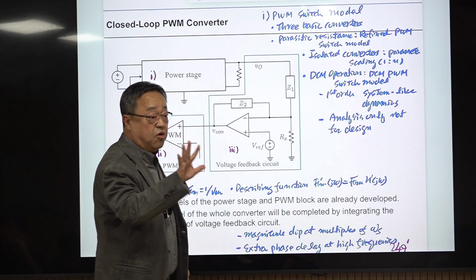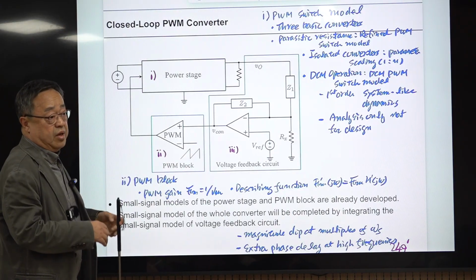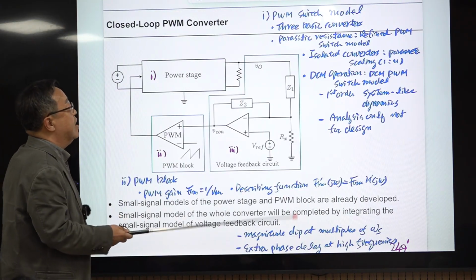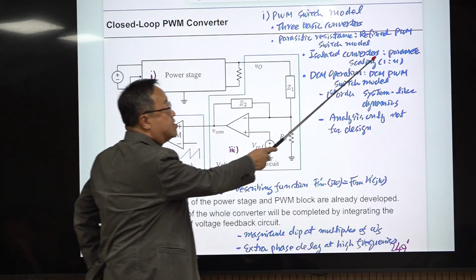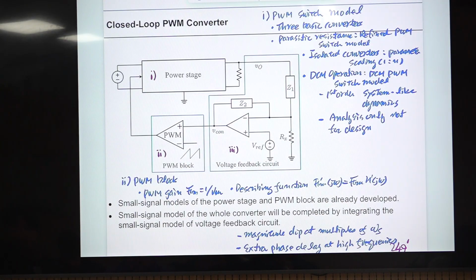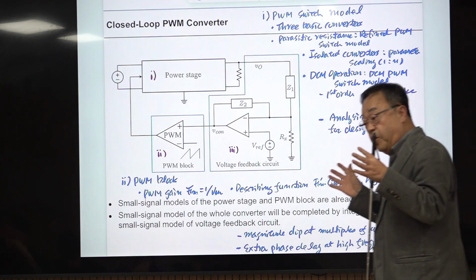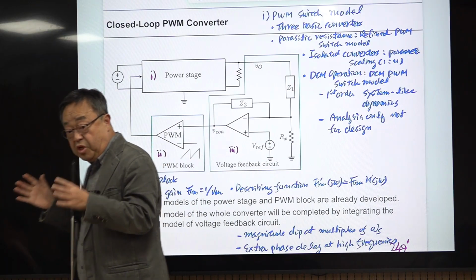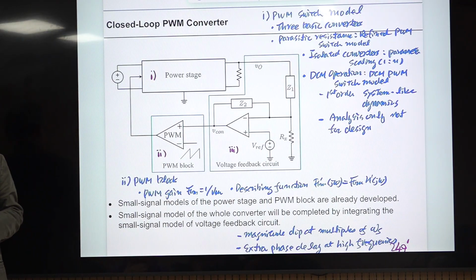Okay, so very minor changes, and isolated converters can directly employ the PWM switch model with very minor modification, maybe the parameter scaling with the turns ratio of the transformer. Okay, and the isolation transformer can be merged with the transformer in the PWM switch model.